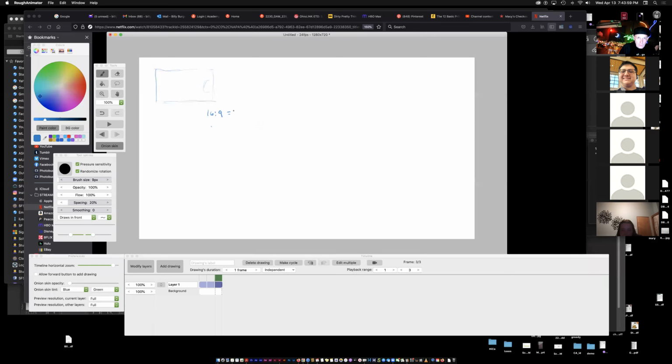So this equals a 1.77 ratio. But we don't have to draw 16 inches by 9 inches. That would be really dumb. If we have 8 inches by 4.5 inches, that's the same thing. It's 1.7777. That's our aspect ratio.